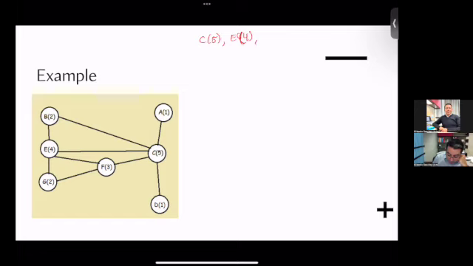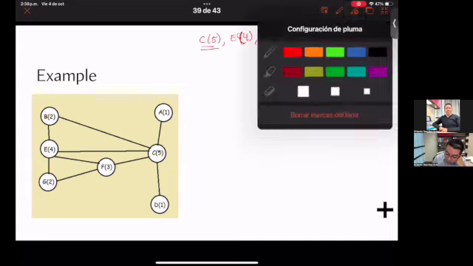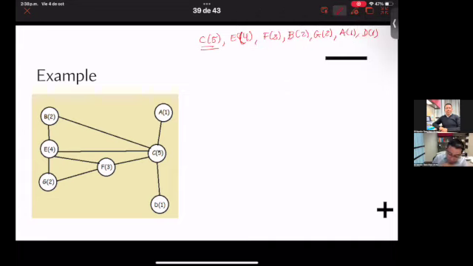Then it would be F with 3. Then B with 2. G with 2. A with 1. And D with 1. So I hope I didn't forget any. So we will start with the first one. And then I will use a color to paint this node.